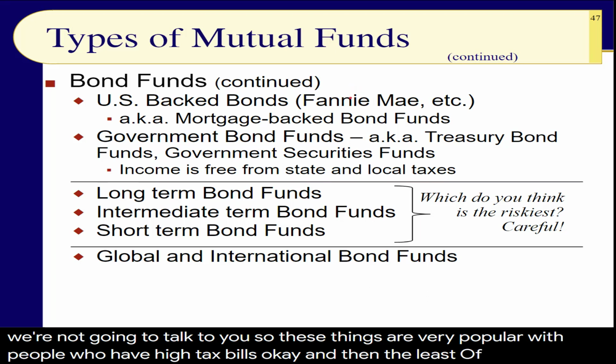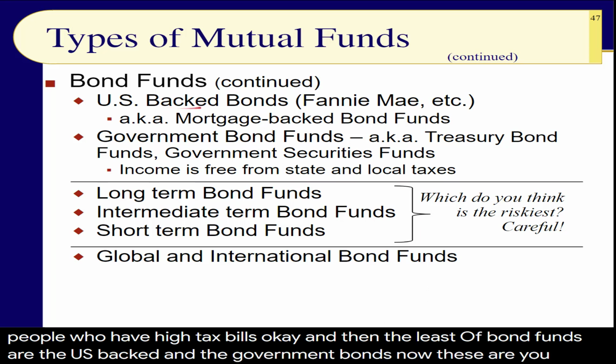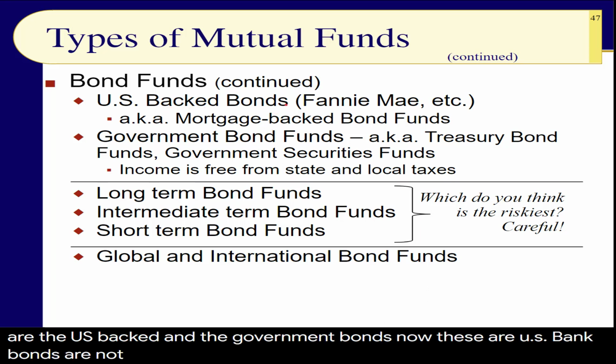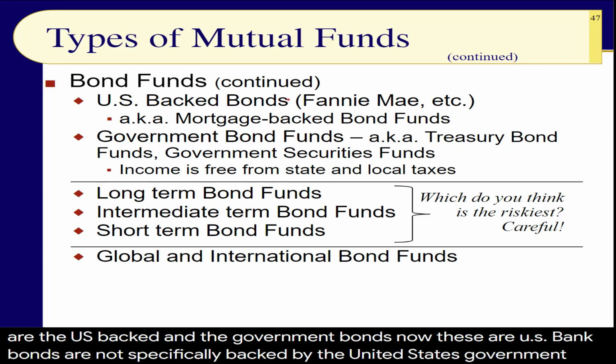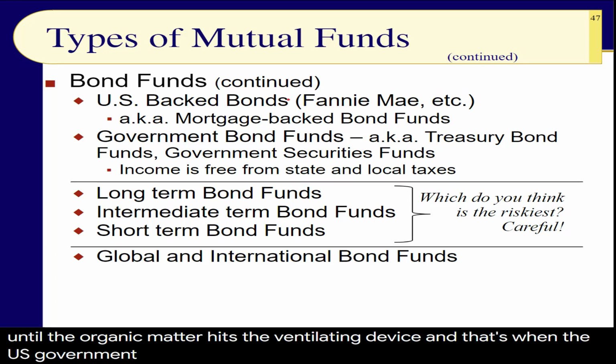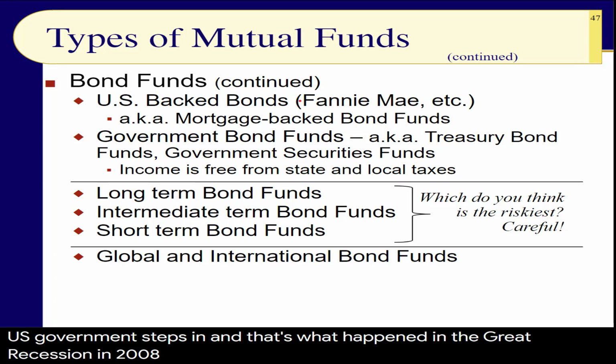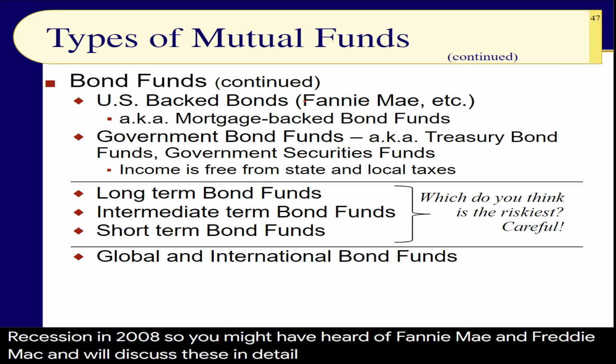And then the least risky of bond funds are the U.S.-backed and the government bonds. Now, these U.S.-backed bonds are not specifically backed by the United States government until the organic matter hits the ventilating device, and that's when the U.S. government steps in, and that's what happened in the Great Recession in 2008. So you might have heard of Fannie Mae and Freddie Mac, and we'll discuss these in detail later on.